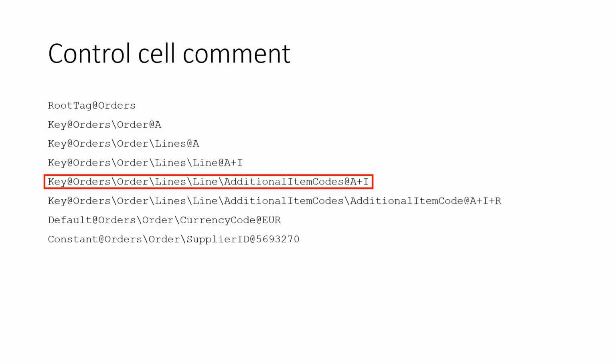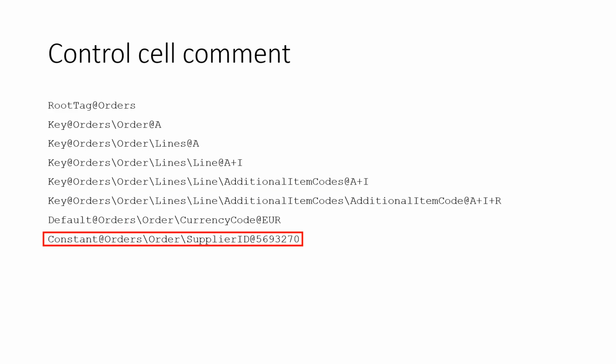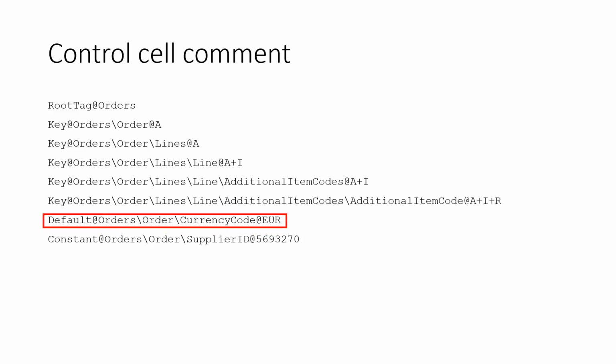Key is used to associate a parent tag with a combination of column IDs that make up its unique key. I'll explain what I mean by parent tag in a minute. Constant assigns a fixed value to a tag in the resulting XML. And default provides a default value to use if the spreadsheet does not contain a value in a specific column.